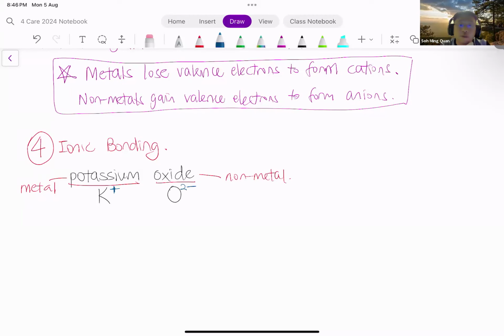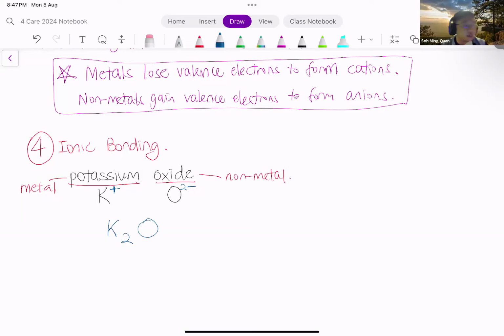And therefore, the formula is not KO. Potassium lost 1 electron. Oxide was formed after oxygen gained 2. Potassium lost 1, oxygen gained 2. This means that you need 2 potassiums for 1 oxygen.